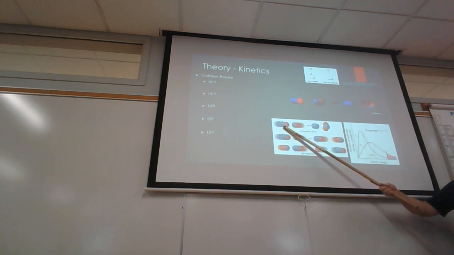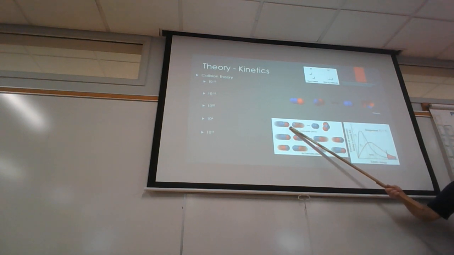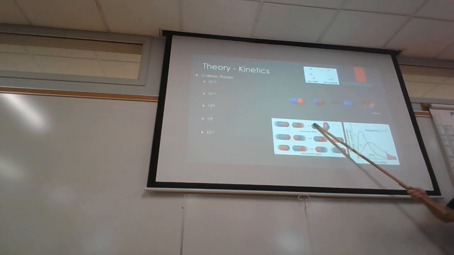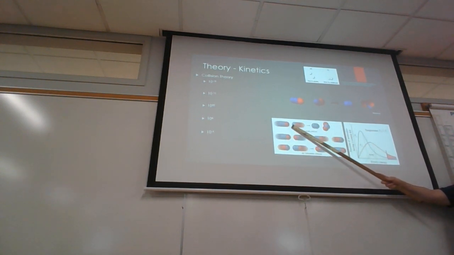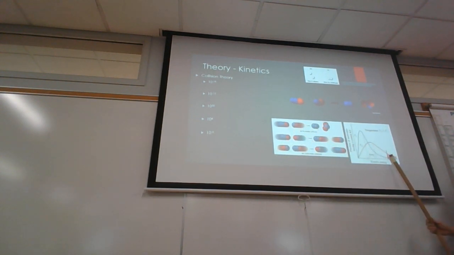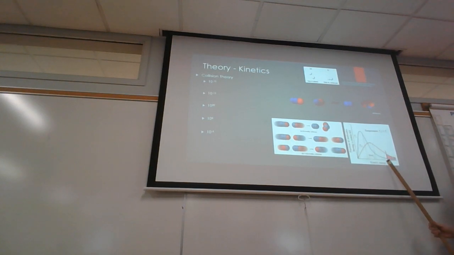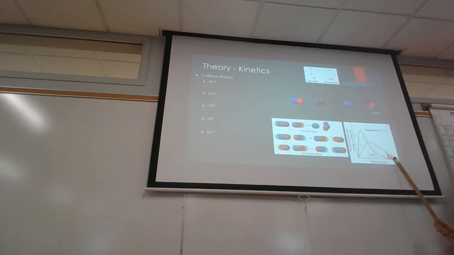And so we have NN, that O bond is breaking, this ON bond is forming at the same time, and then we end up with the products. And that amount of energy that's required to do that is called the activation energy. And the activation energy is given by this line here. Any molecule in this population that has an energy greater than this line has enough energy to react. It doesn't mean that it has the correct orientation, but it does have the correct energy to react.